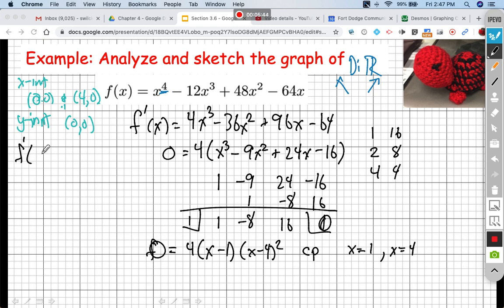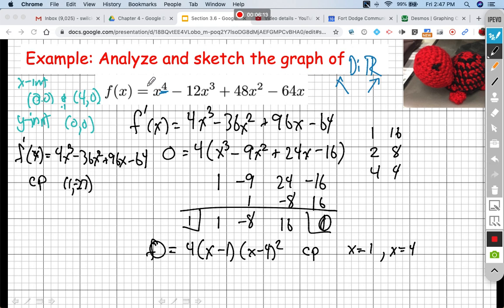So my first derivative, let's write this down: 4x to the third minus 36x squared plus 96x minus 64. Critical points, I have 1. If I plug in 1 for x, I should get negative 27 for y.